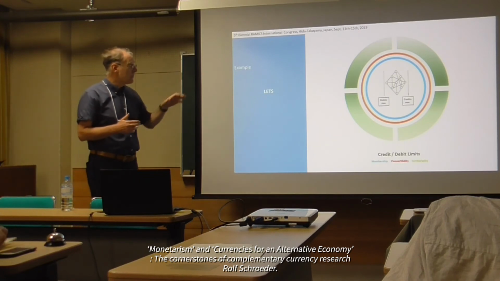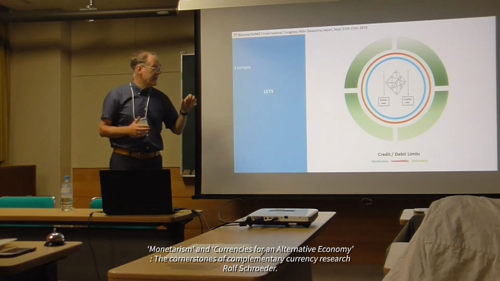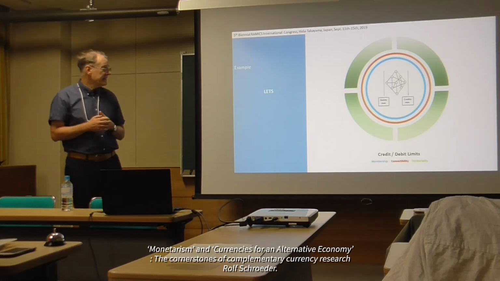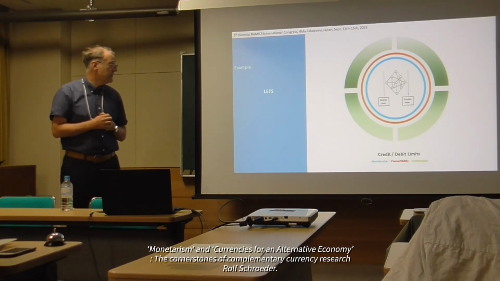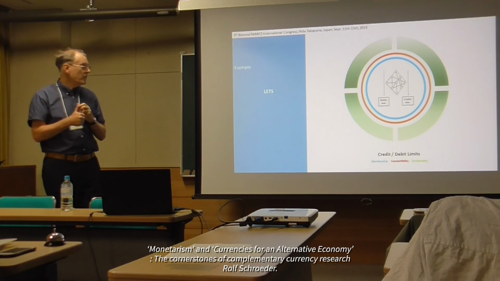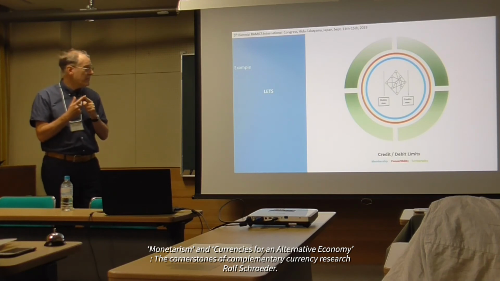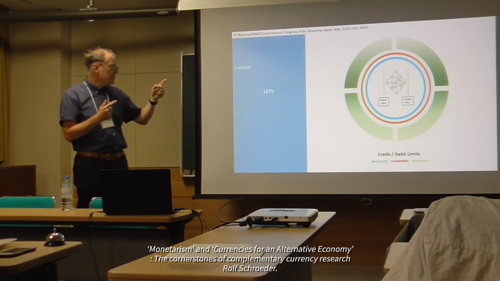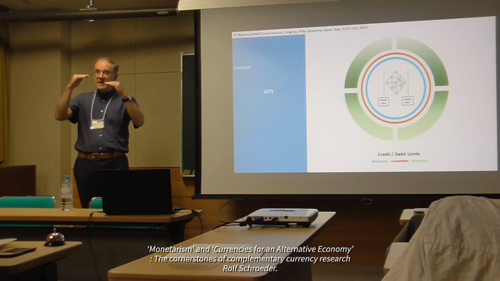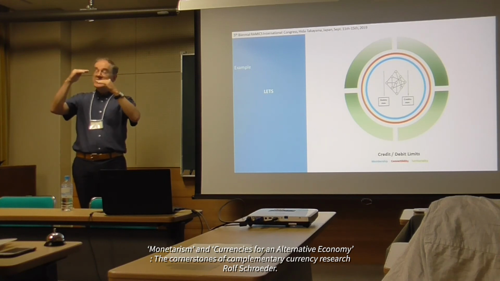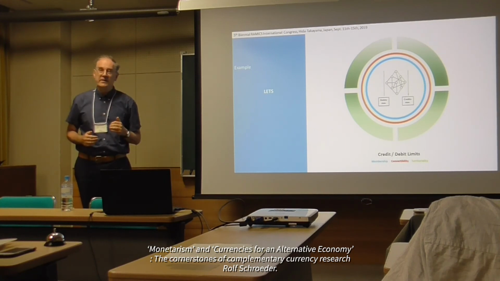The LETS itself is a good example to show how this model actually works. It is a system with clear boundaries. It's non-convertible, a fixed circle of members, and a territorial limit. And the systemic limit is always a zigzag where credits and debits ideally go up and down.